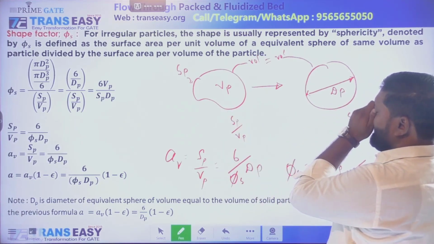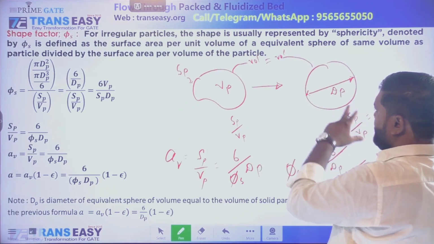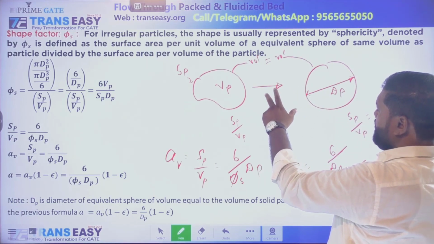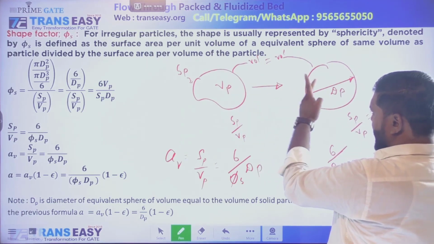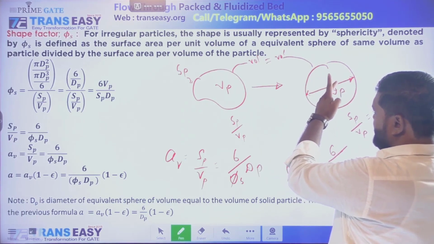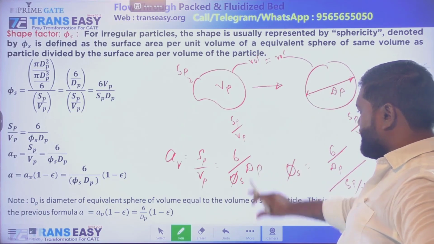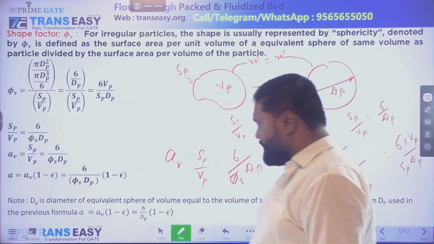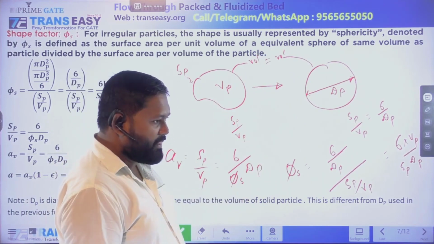And dp is the diameter of equivalent sphere. This equivalency is defined by equating volume of actual non-spherical particle and assumed equivalent spherical particle of diameter dp. तो ये dp हमारा वहां से निकाल के यहां पर पुट कर दोगे, av निकल जाएगा. So here av is equal to 6 upon phi s dp, right?